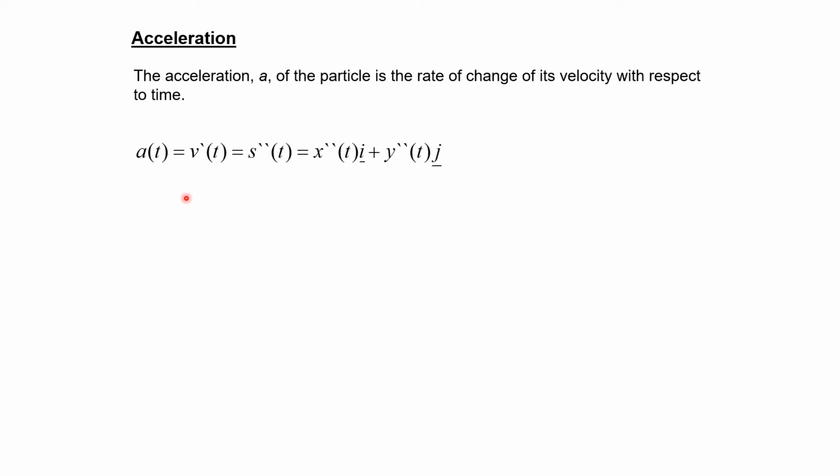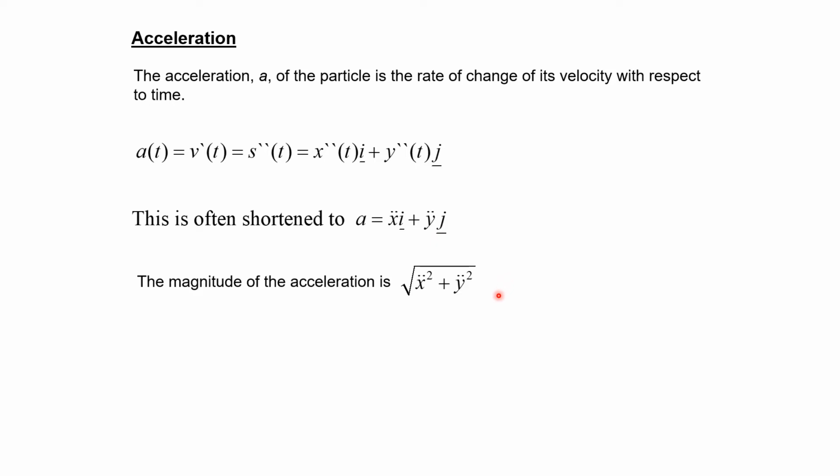So when you differentiate v again, you will get x''(t) i plus y''(t) j. So bear in mind, we are considering the direction now. Therefore, you can shorten it to x double dot i plus y double dot j.